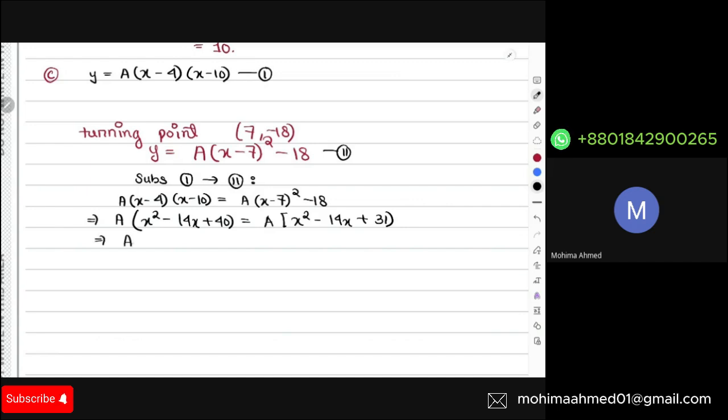So you can write ax square minus 14ax plus 40a equals ax square minus 14ax plus 31a.